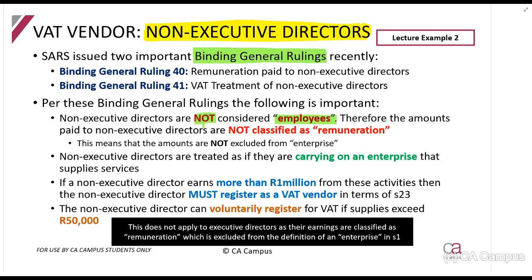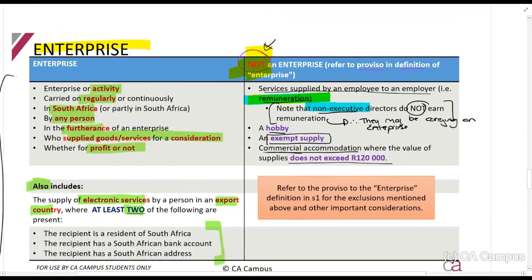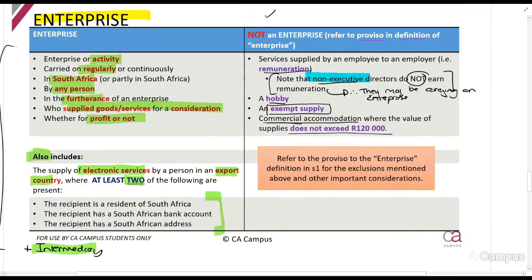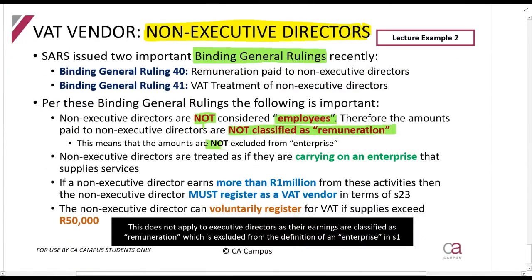If you are not an employee, then it means you do not earn remuneration. Now, why is that important? Because when we looked at the definition of an enterprise, it said it is not an enterprise if you earn remuneration. So in other words, if you do not earn remuneration, then it may be an enterprise. So you're not excluded from enterprise. So this means that non-executive directors are treated as if they are carrying on an enterprise.